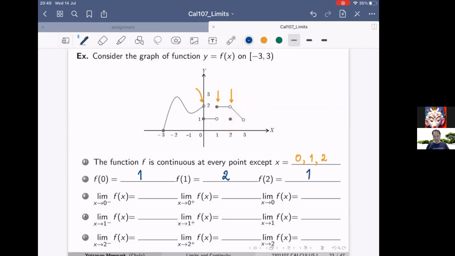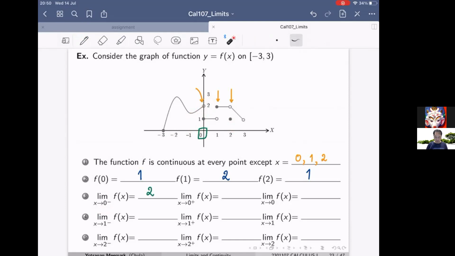How about the limit? Can you determine the limit? This one, the first one, you are considering when x is 0. If you are going to 0 from the left, it will go bigger and bigger, and it approaches 2. So here is 2.